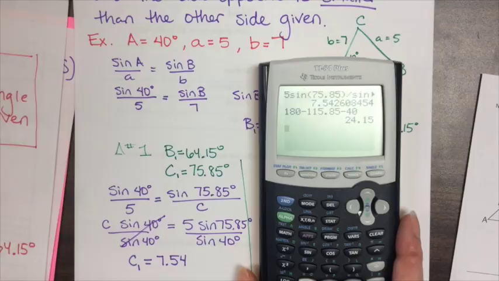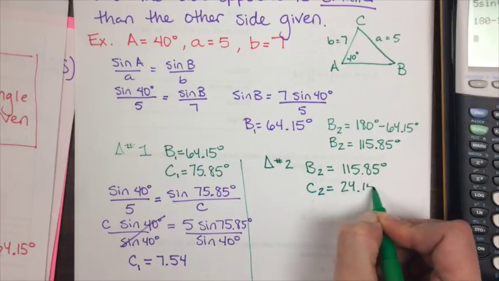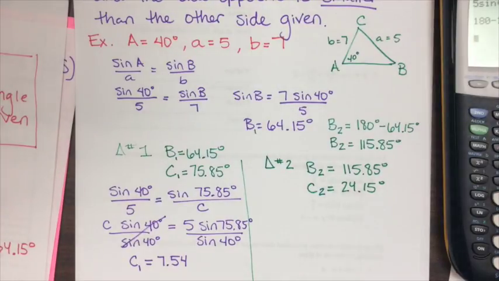And we get that the second version of angle C is 24.15 degrees. Now let's find little c.